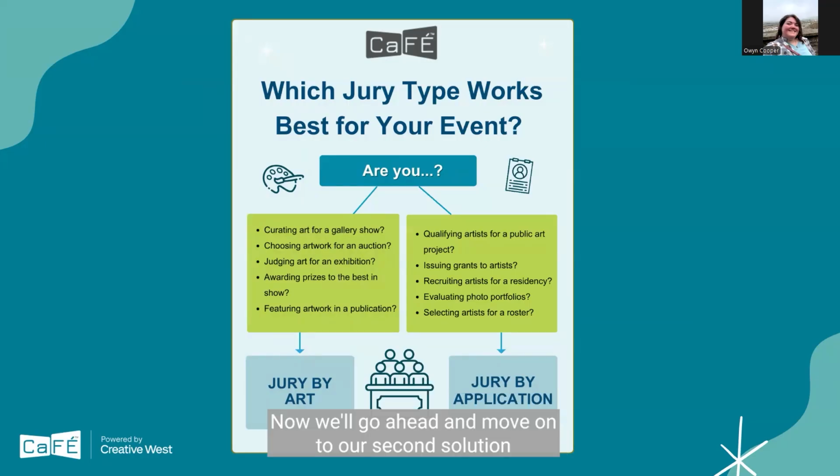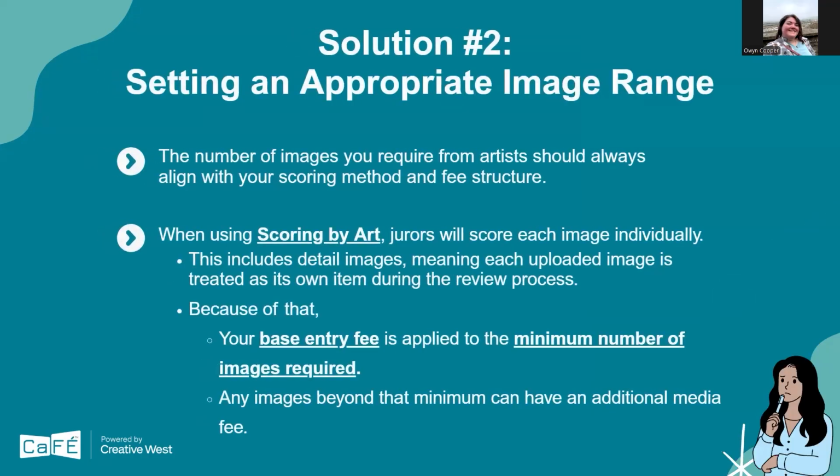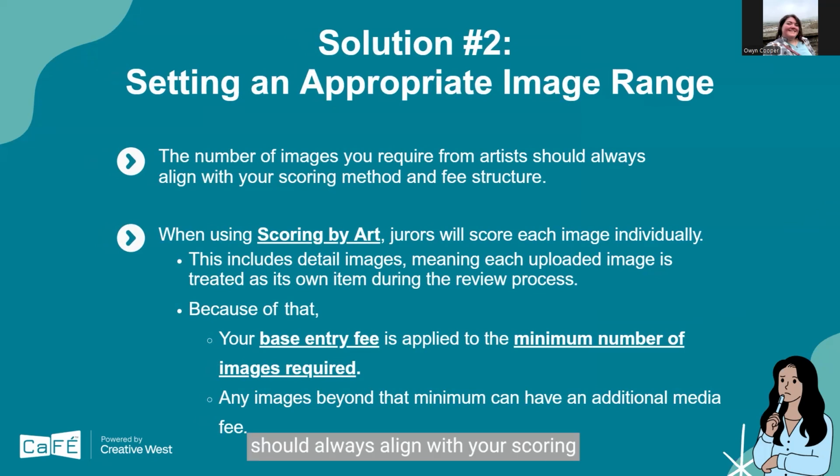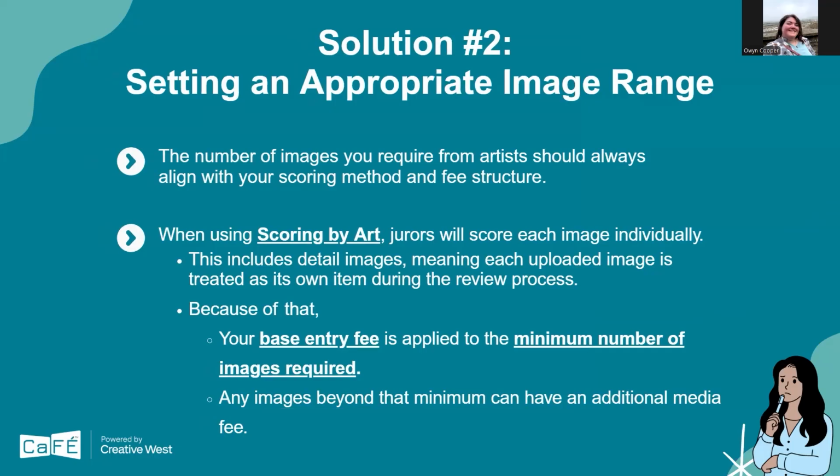Now we'll go ahead and move on to our second solution, setting an appropriate image range. The number of images you require from artists should always align with your scoring method and fee structure. When using scoring by art, jurors will be scoring each image individually.